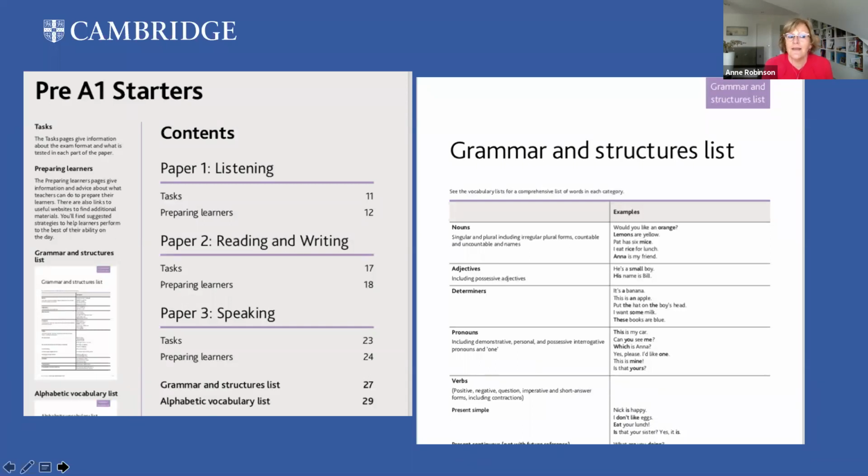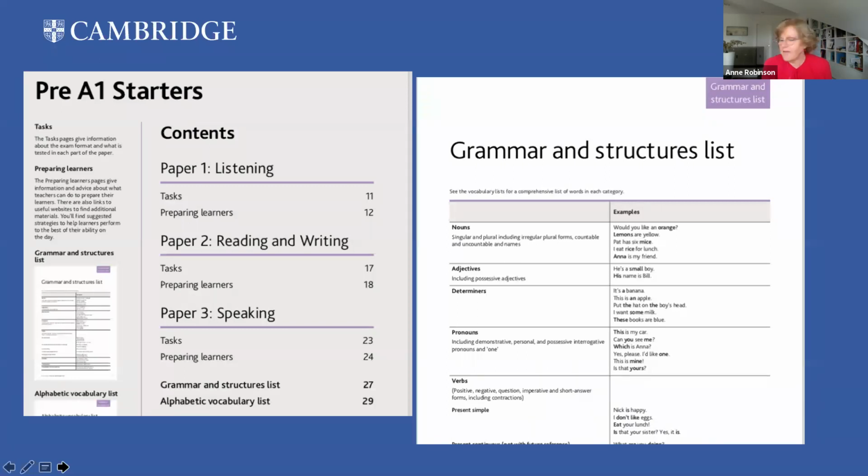So even from the level of pre-A1 starters, in the handbook, which you probably all know, you can download it from the web page, we have for each of the levels a grammar and structures list. And this grammar is contained, capsulated, if you like, in the different parts of the reading and writing test especially.